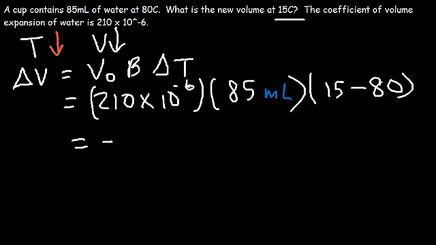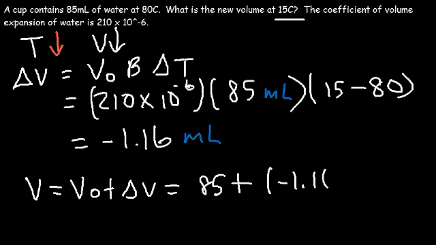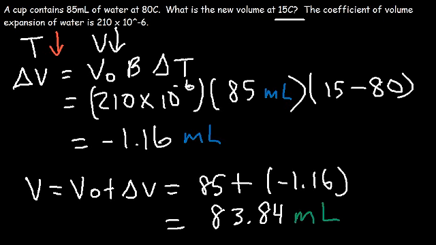So the change in volume is about negative 1.16 milliliters. So the new volume, which is the original volume plus the change, that's going to be 85 plus negative 1.16, or 85 minus 1.16. So the new volume is 83.84 milliliters. So as you can see, it decreased slightly.